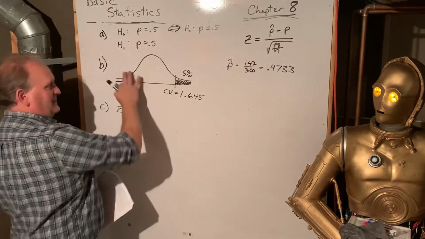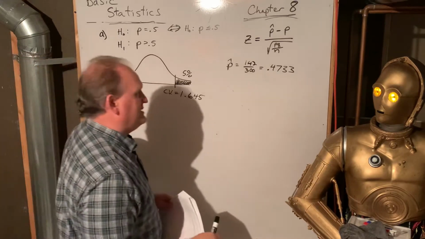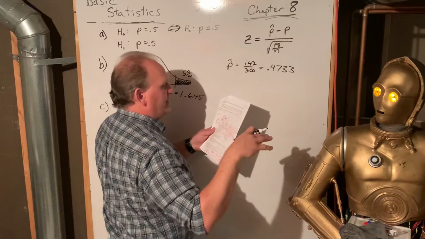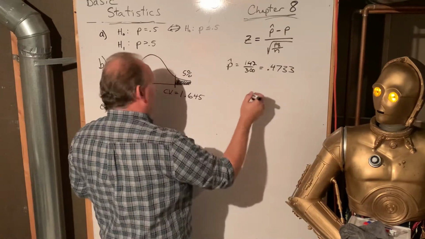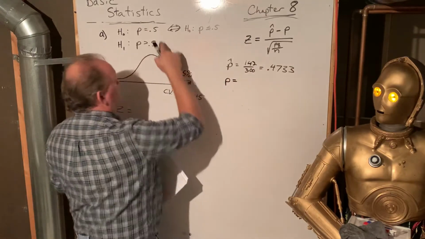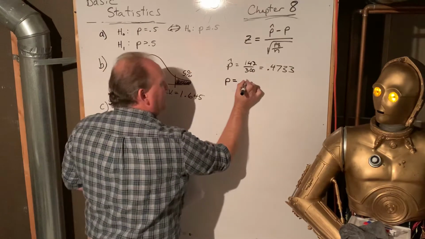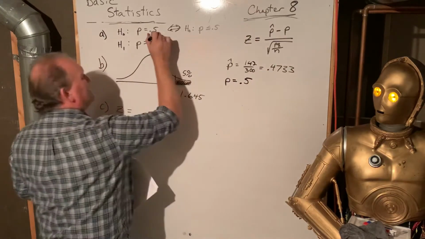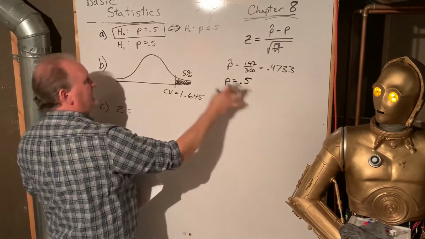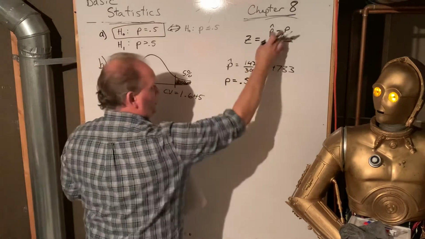So it's going to end up on this side. I can tell you right now, we're going to fail to reject. But let's continue. So p hat we need for the formula. What else we need is p, which is right there, 0.5. That's also why I like to stick with this. It makes a little more sense when you're labeling things for the actual work.